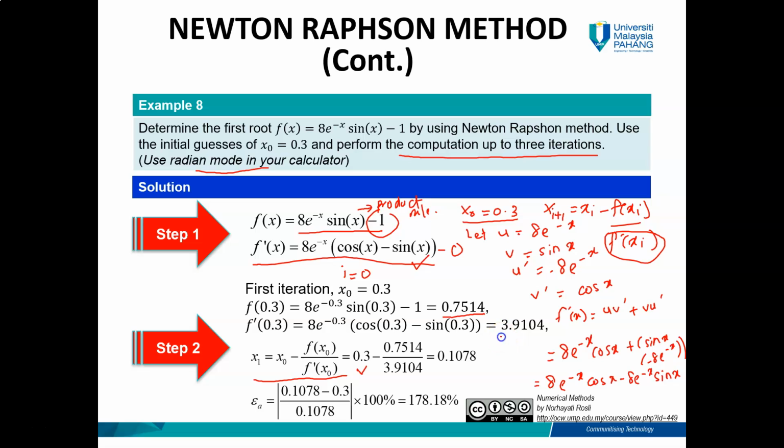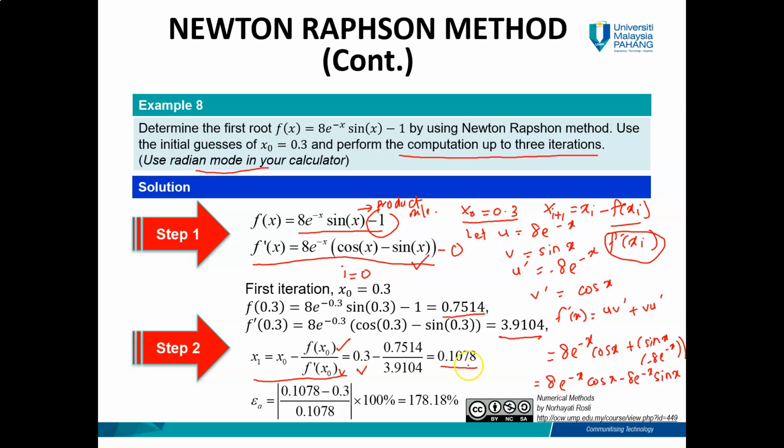Use your calculator, you will get 3.9104. So this is f x naught, this is f prime x naught. We substitute 0.7514 for this f x naught and 3.9104 for this f prime x naught. You'll get this as the formula. You use your calculator, you'll get 0.1078 as the solution.